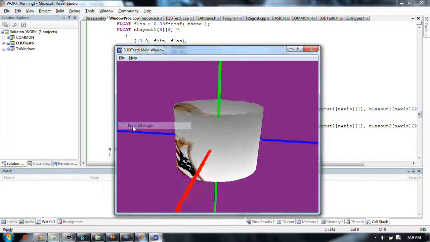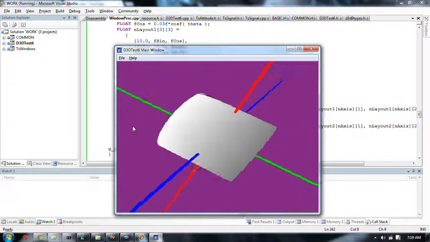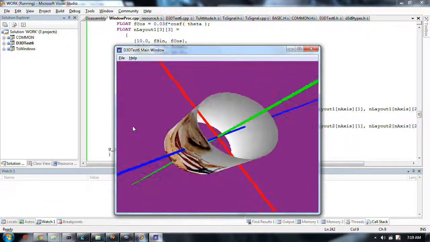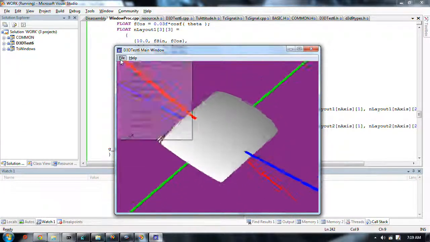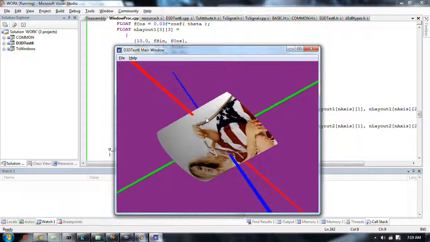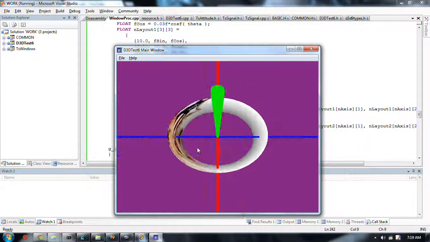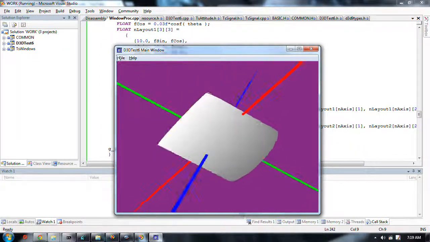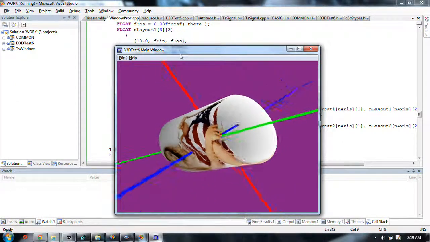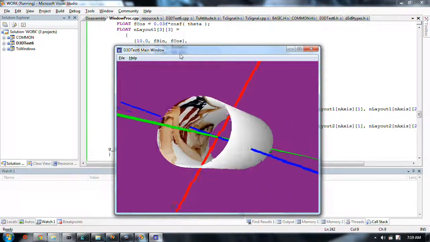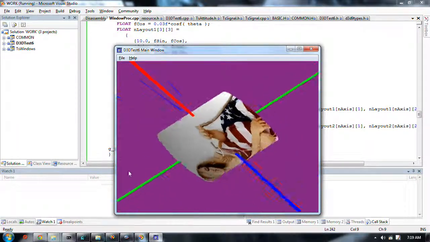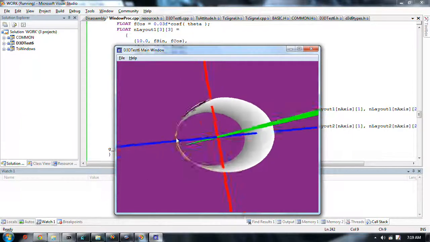You can reset all the angles. So now here we are in a situation where I've turned off the X rotation and now it's rotating about Y. But this is the Y-axis here, right?